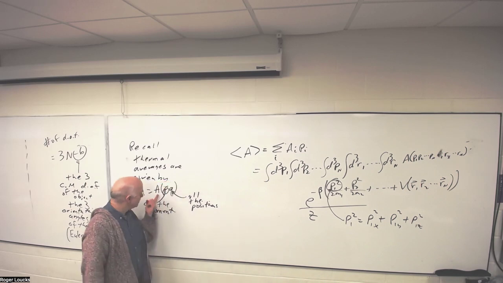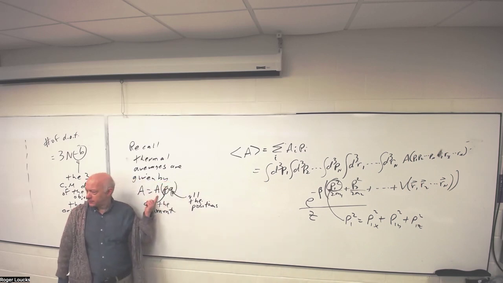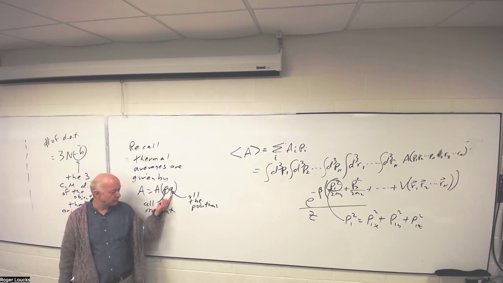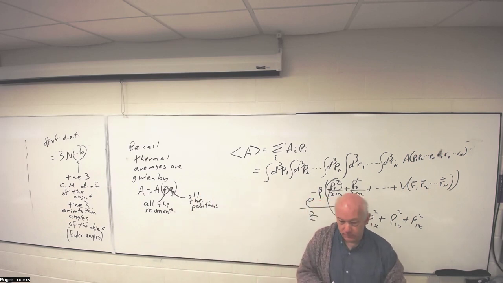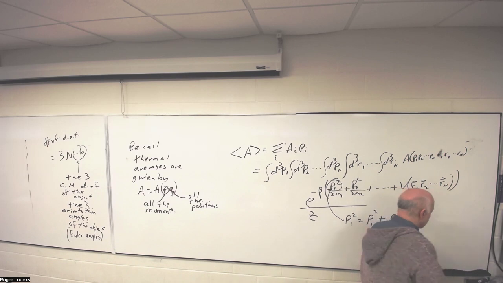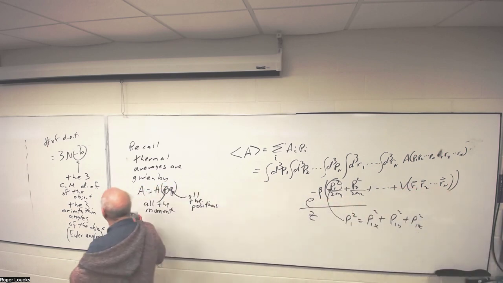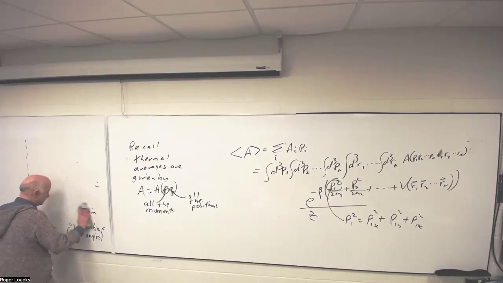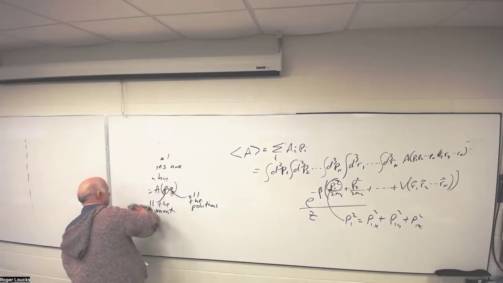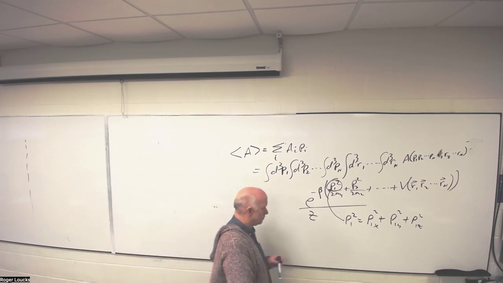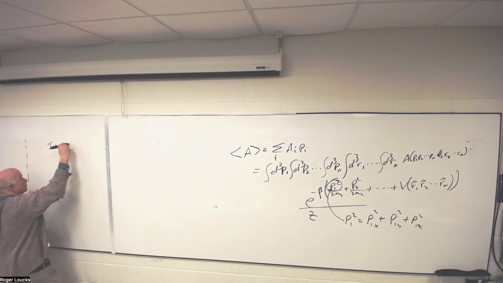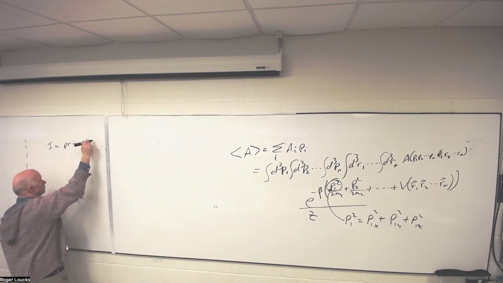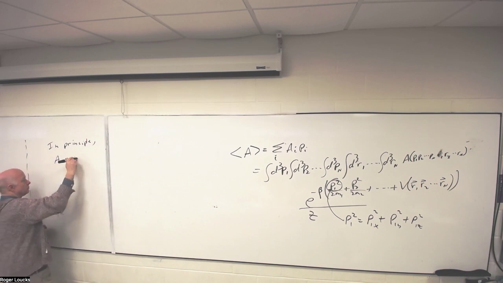Now, in principle, what could this A also depend on? It could depend on all the positions, all the momenta, but what else could it be a function of? It could be a function of time.